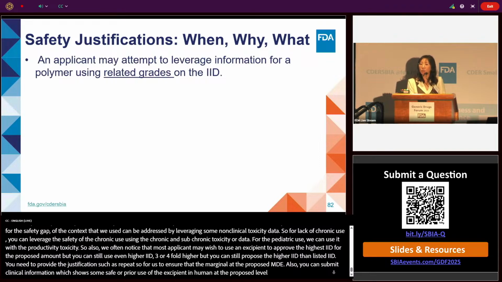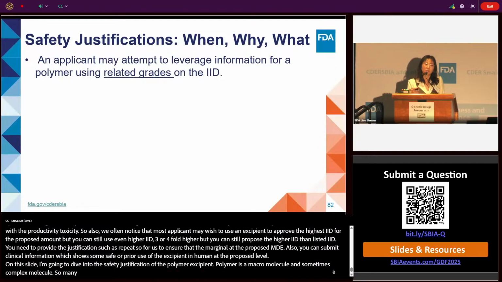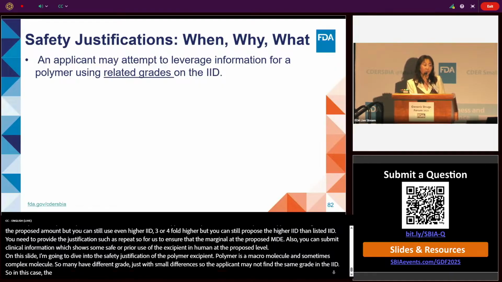In this slide, I'm going to dive into the safety justification of polymer excipients. A polymer is a macromolecule and sometimes a complex molecule. Many polymers have different grades with small differences, so the applicant may not find exactly the same grade in the IID. In this case, the applicant can leverage information for the polymer using a related grade.